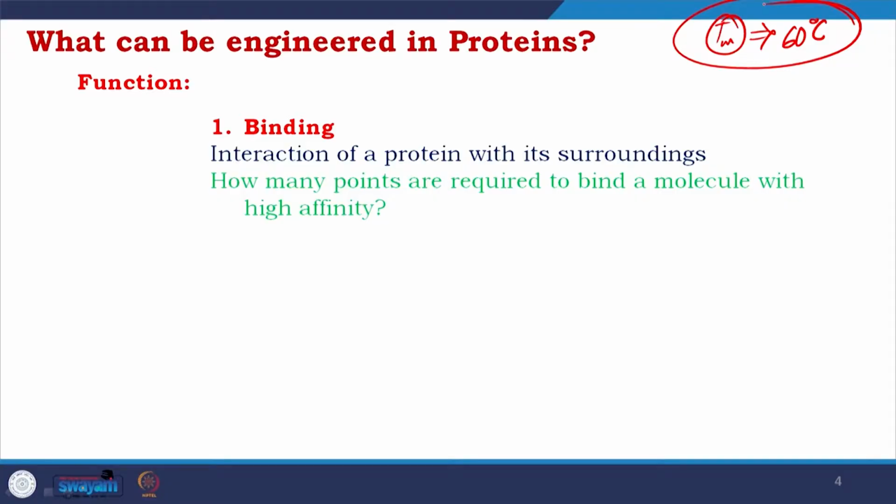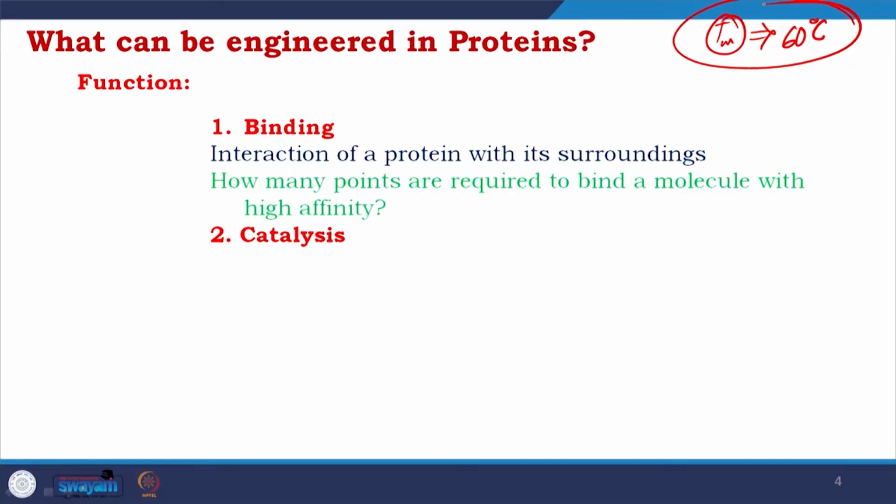The next thing is function, and one aspect of function could be described by binding. Binding is the interaction of the protein with its surrounding, with other macromolecules, with substrates, inhibitors, ligands, small molecules, anything. So, how many points are required to bind a molecule with high affinity?